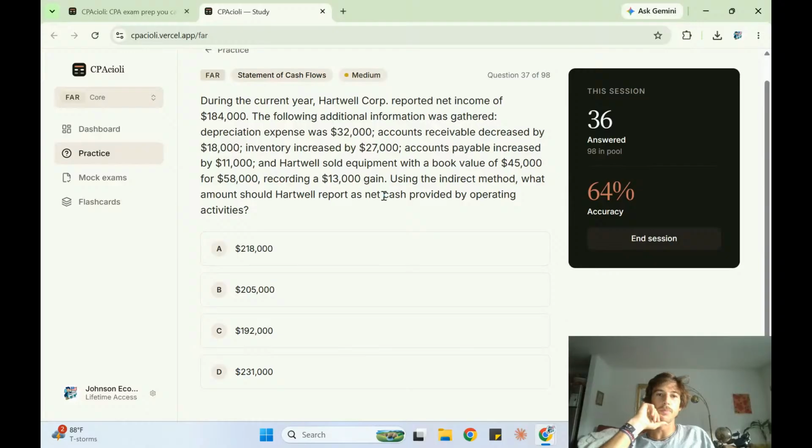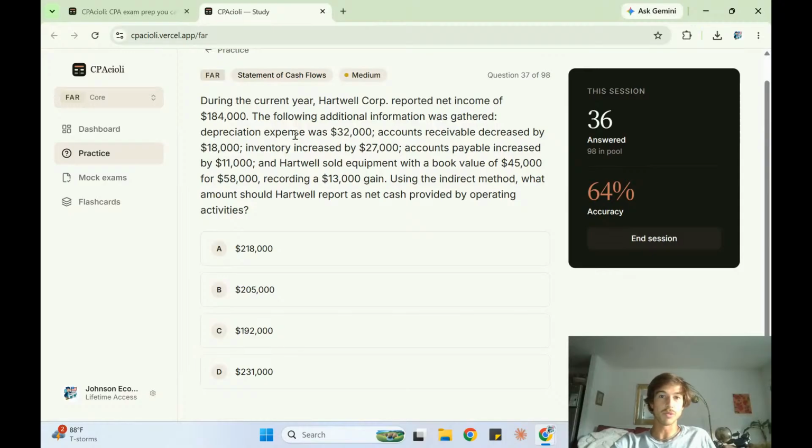Okay, indirect method. What amount should Hartwell report as its net cash flow from operating activities? So you start with the net income and then reverse the non-cash things to get the net cash provided by operating activities. So you do 184, add the depreciation, accounts receivable decrease, so you add it, inventory increase, so you subtract it, accounts payable increase, and it's a liability, so you add 11.